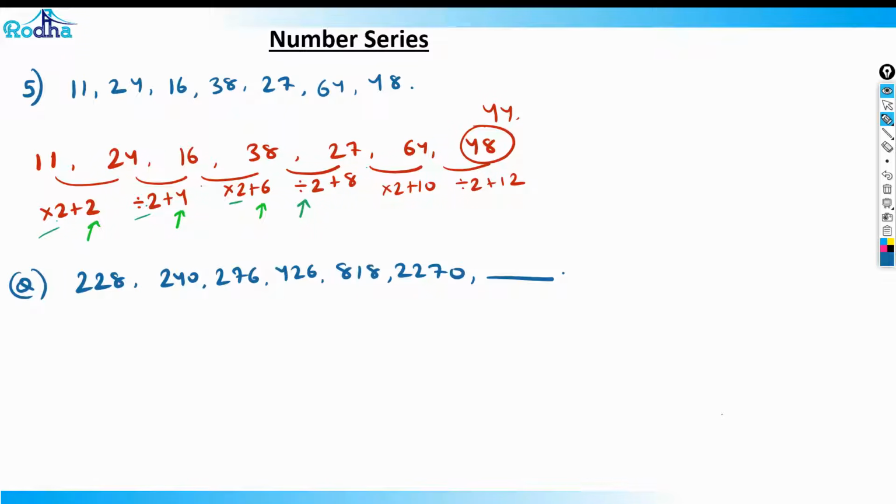Okay, now the pattern. Obviously, this series, if you try to see initially by difference only, the difference is not that visible. If you try to check the difference part here, for example 228, 240, 276, 426, 818, 2270.